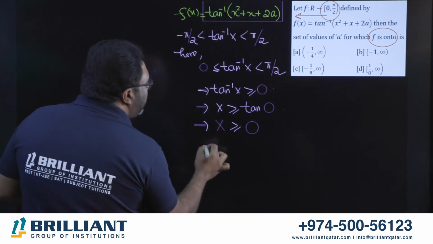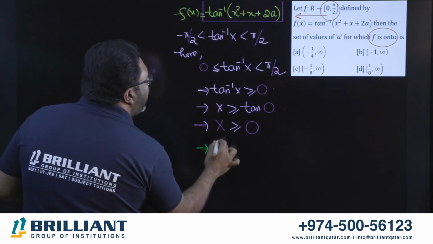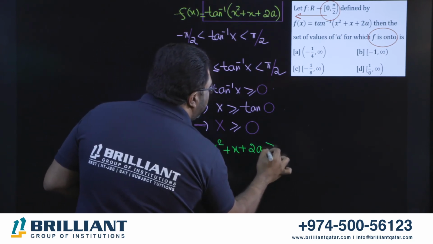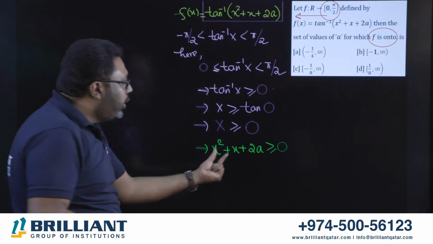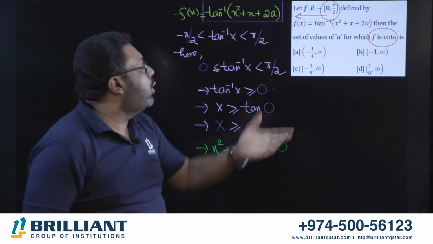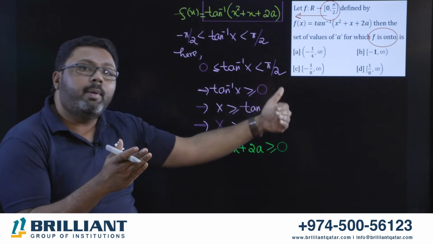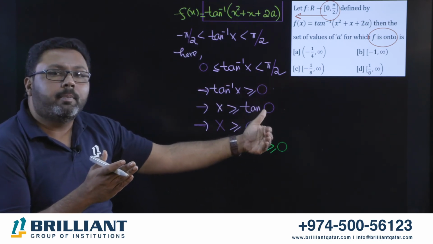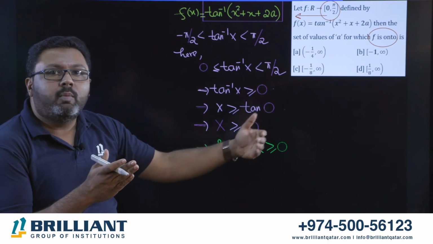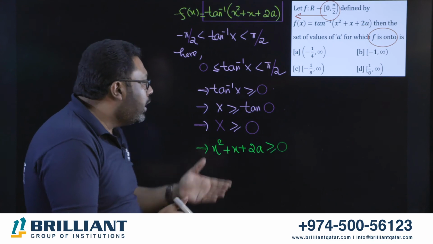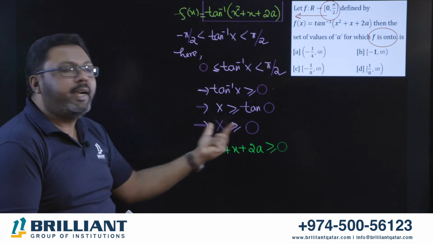Capital X greater than or equal to 0 implies x squared plus x plus 2a is greater than or equal to 0. I told you, quadratic equation. Here I don't know what is my domain. Remember the completing the square method which we discussed a few questions back, which tells me that whenever you have a quadratic form, use the completing the square method.